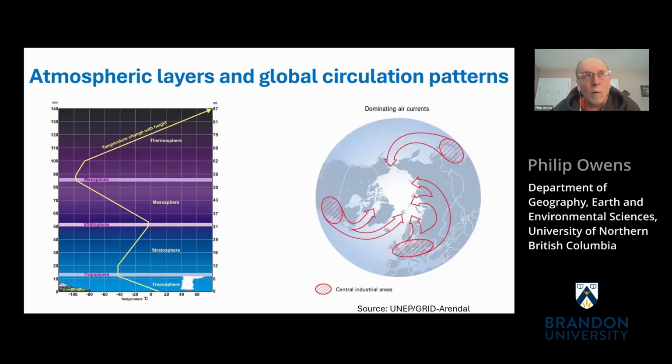And the reason that we have differences in how atmospheric pollutants move around the planet and may therefore label soils and get incorporated into glaciers is a function of a couple of things. And one is there are these atmospheric layers that mean that sometimes if you have an event occurring, and if you look at the plot on the far left, if you have an event such that it only releases contaminants into the troposphere, which has a bit of a boundary on the top of it.